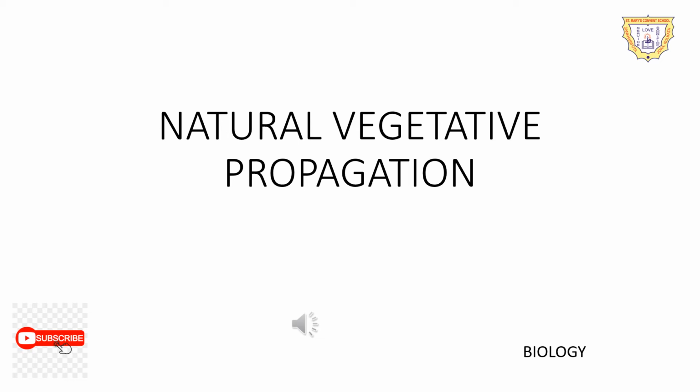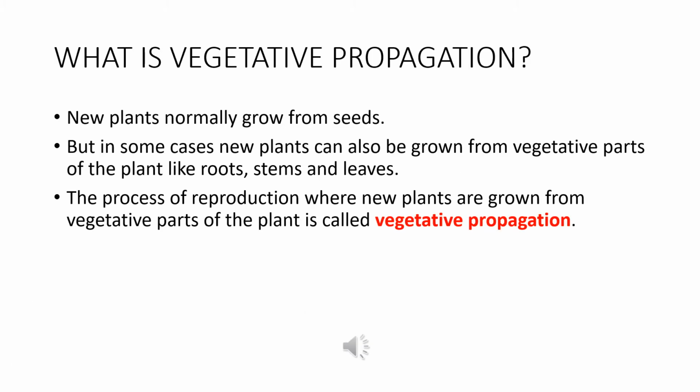We are going to discuss natural vegetative propagation in plants, and also the types and examples of each of them. So what is vegetative propagation? Normally we know that new plants are grown from the seeds of fruits.